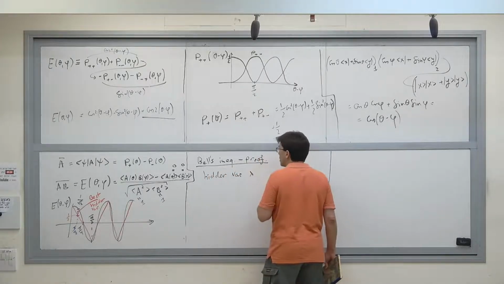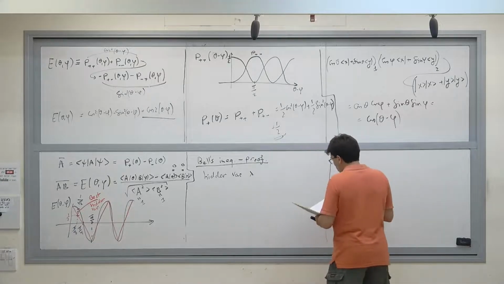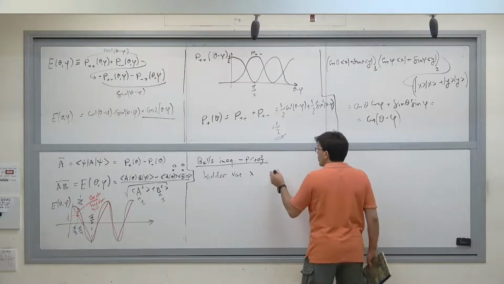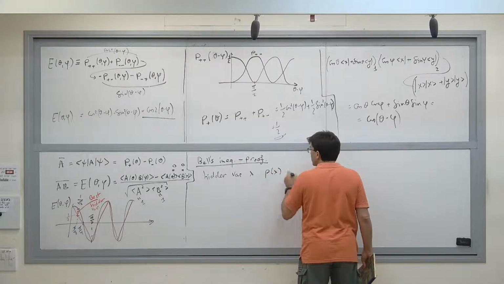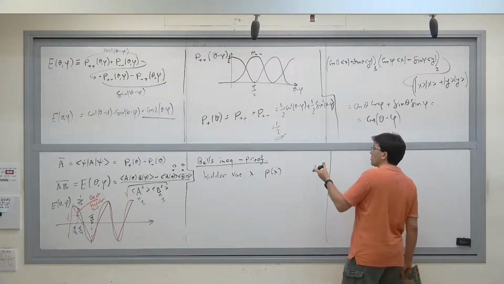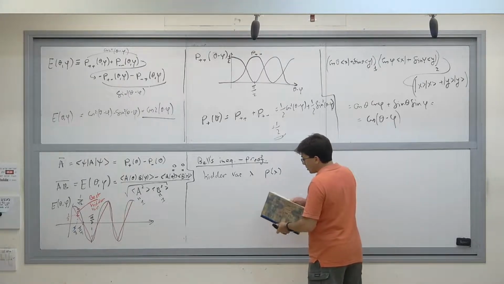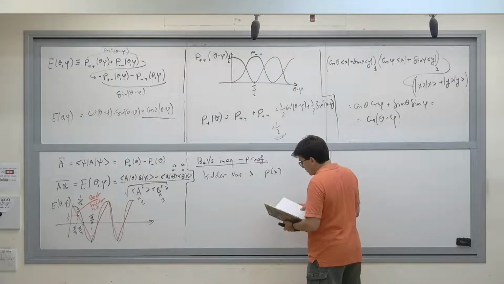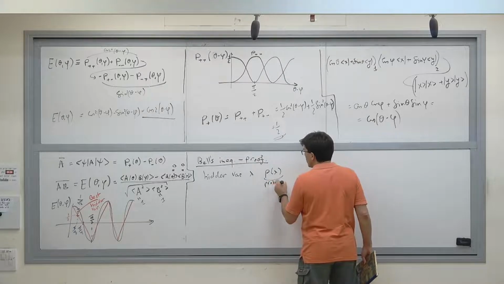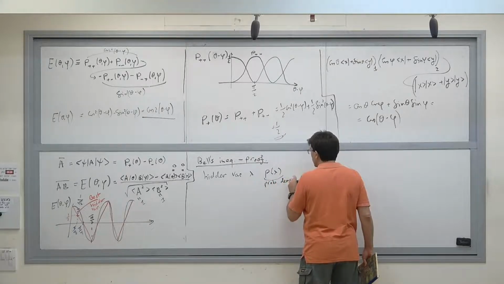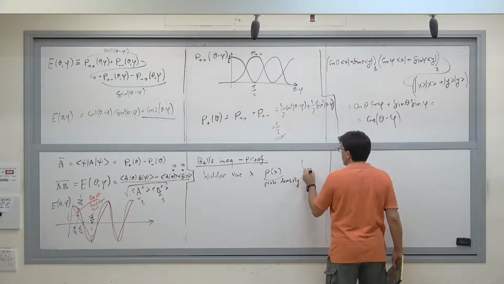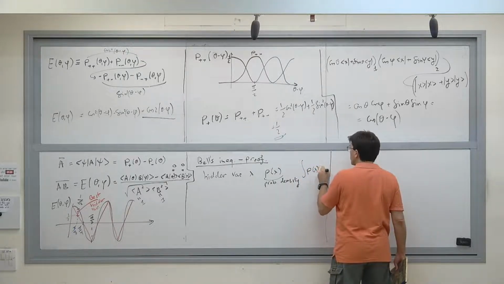There's some hidden variable lambda, which, I don't know what it is, by the way. It has some probability density of having lambda, and of course it makes the integral of P of lambda d lambda equal 1.